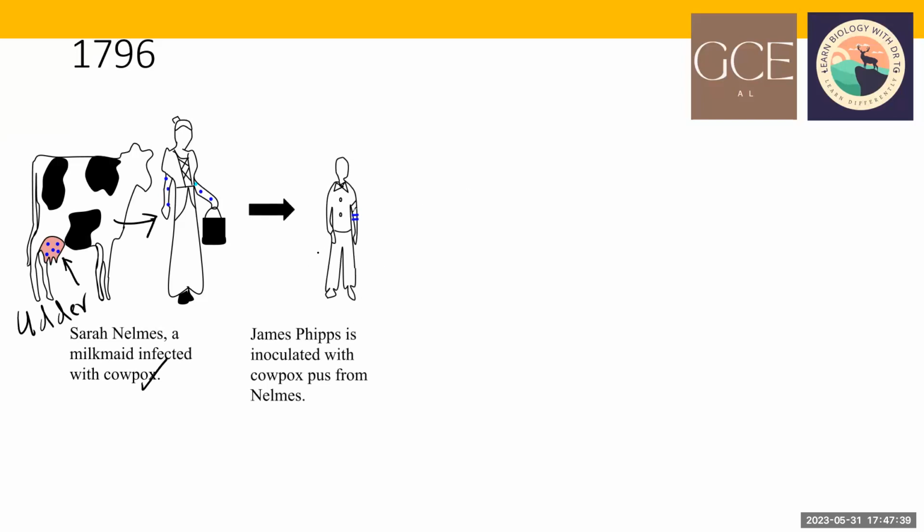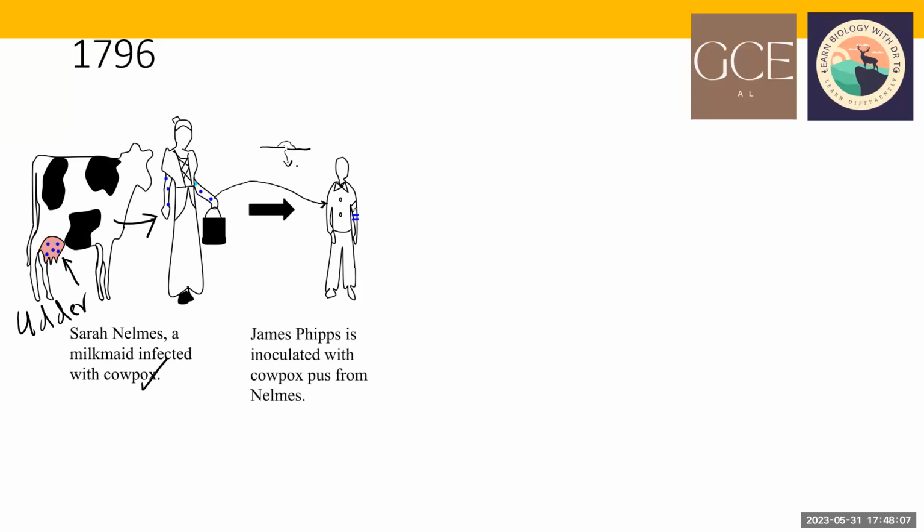Now what he did, he got this small boy, and then he made a small scratch on the skin and transferred the content of the blisters onto the skin of this person. Skin means there's a small scratch made, and then they transfer the blisters to this place so they can go in.